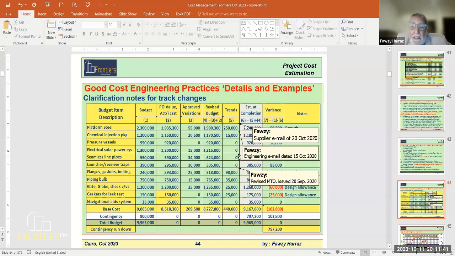The next item actually says that engineering email dated such and such, which again reflects some spec changes and so on. So each of these trends, you write a note, which is actually a cell. Every cell, most of you, I'm sure, you know, every cell you can add a note, and then this note actually can be updated from time to time as the information of the project changes.